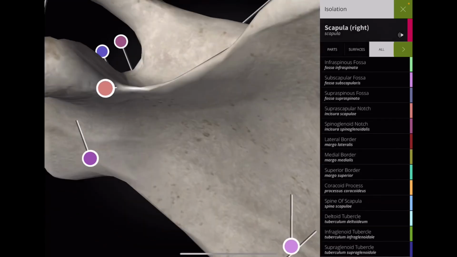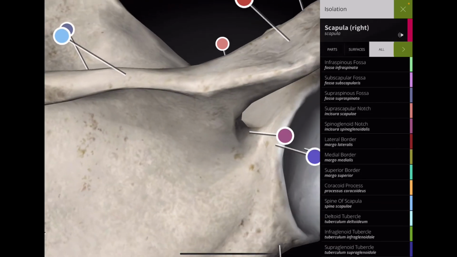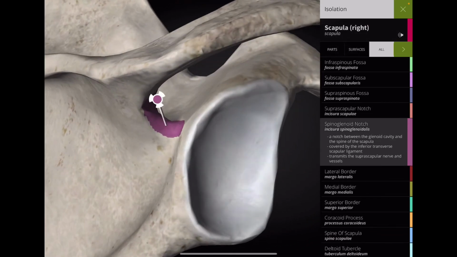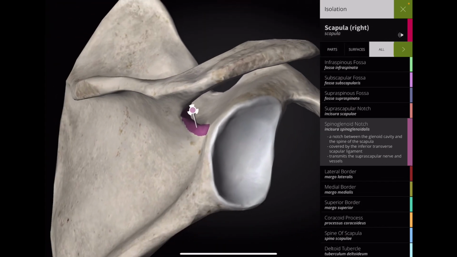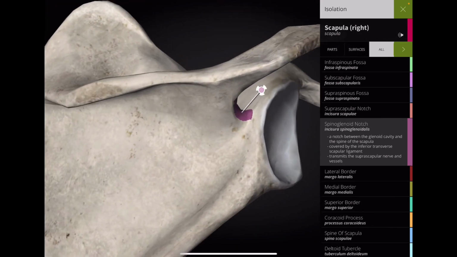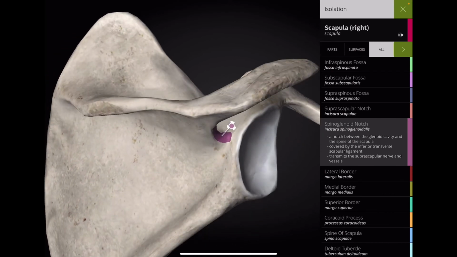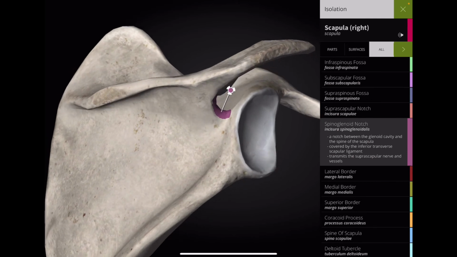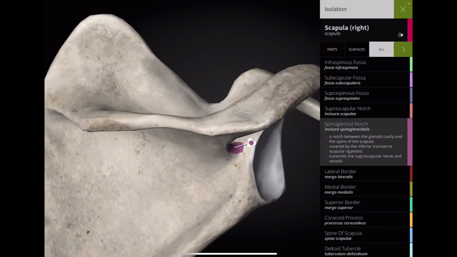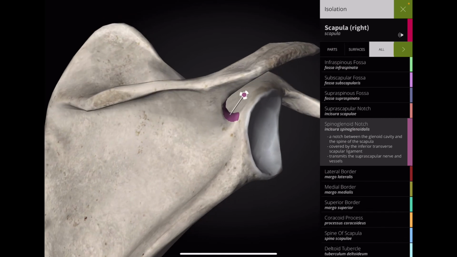And this area is called the spinoglenoid notch. Again, this has a ligament as well. So we met the superior transverse scapular ligament within the suprascapular notch. So that means that within the spinoglenoid notch, we'll find the inferior transverse scapular ligament. And what you tend to find underneath the ligament are all three structures.